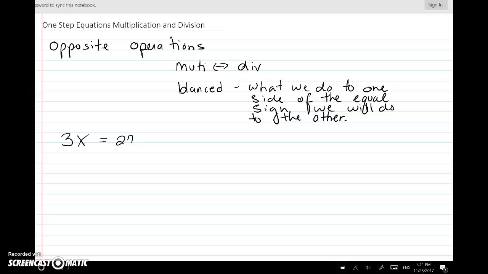So, we want to get my x by itself. You got to isolate the variable. How is the x and the 3 connected? Well, remember, when we have a variable next to a number, otherwise known as a coefficient, it really means they are being multiplied.